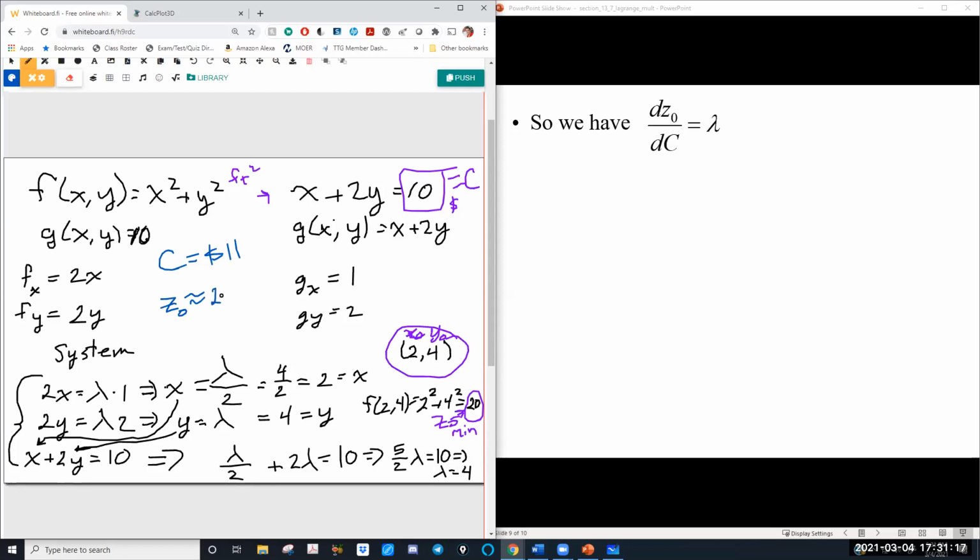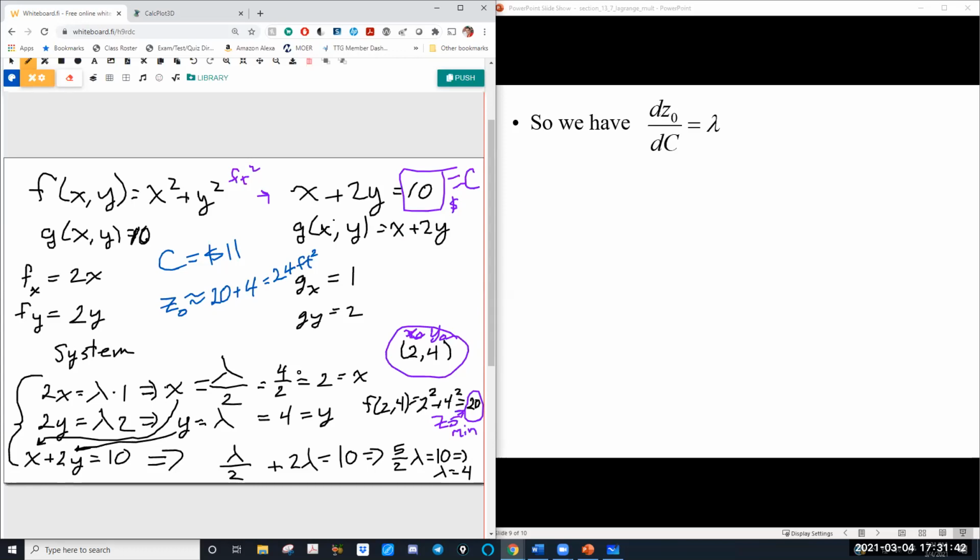So we did have 20 square feet. Lambda's positive. We would expect the optimal value to go up by about 4 square feet. So approximately the new optimal value would be 24 square feet. All right.